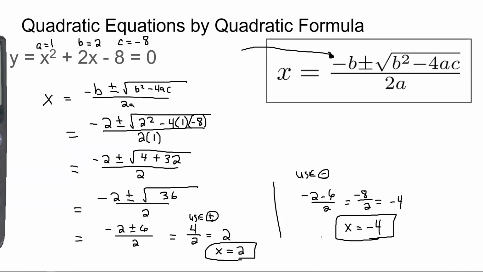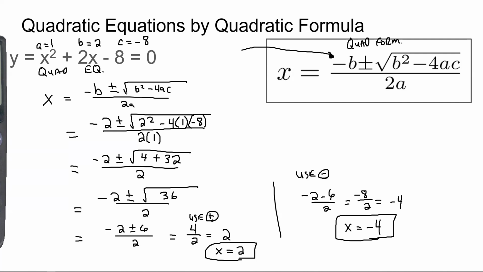That's solving a quadratic equation by using the quadratic formula. You plug numbers into the formula, you get the numbers from our quadratic equation over here, where it's equal to 0, and you've got it all in descending order and everything.